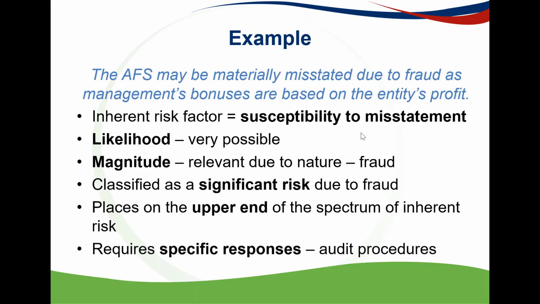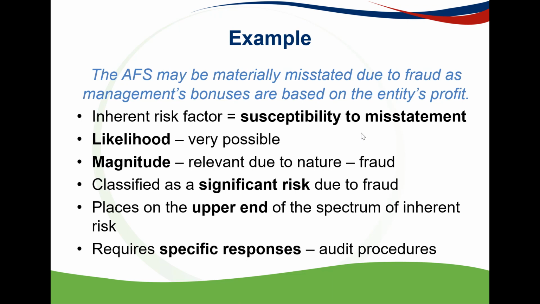So let's just quickly summarize our assessment of risk. We can conclude for the example that the inherent risk factor is present for susceptibility to misstatement. The likelihood, we explained that it's very possible. And in terms of magnitude, it's relevant due to nature because there's fraud present, there's manipulation of financial statement figures present.